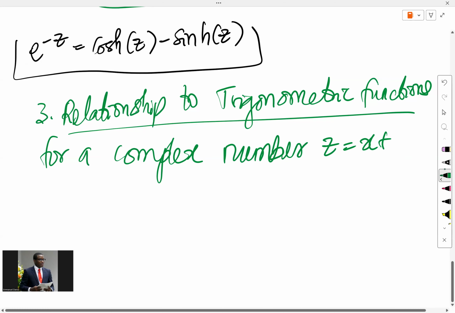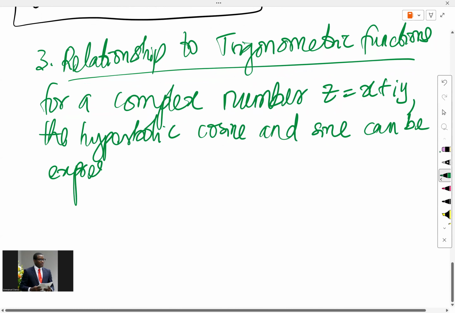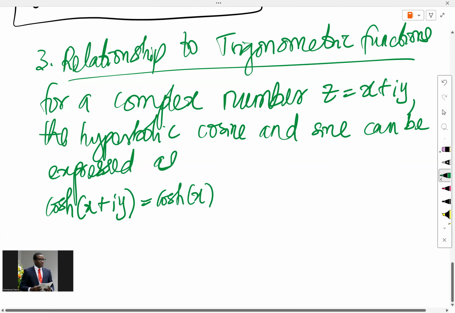So talking about this relationship now, for a complex number z equal to x plus iy, the hyperbolic cosine and sine can be expressed as cos of x plus iy.